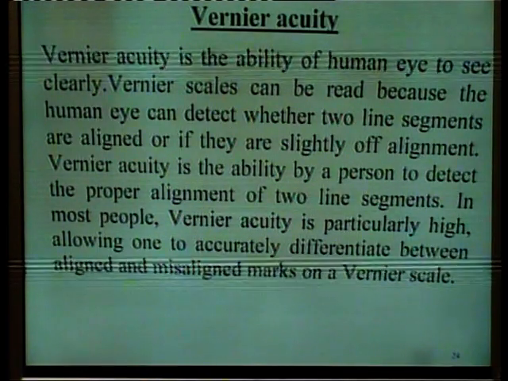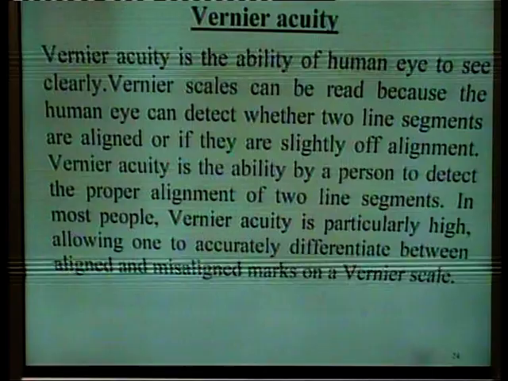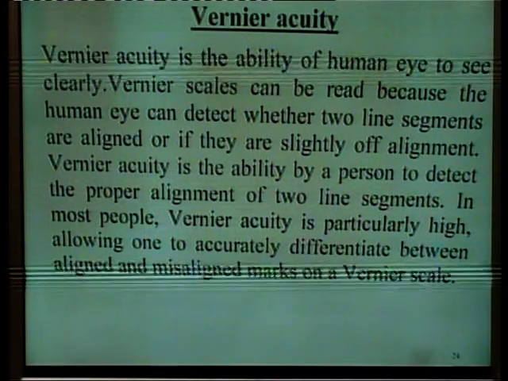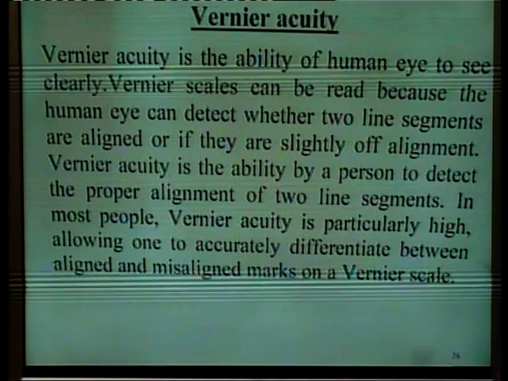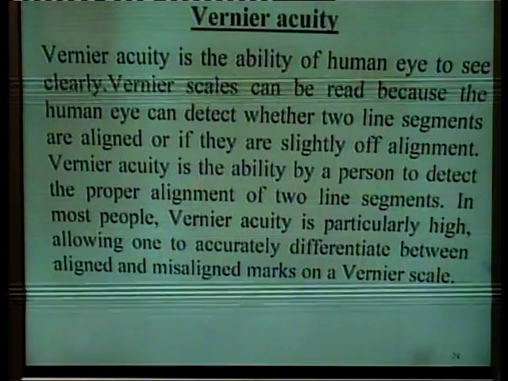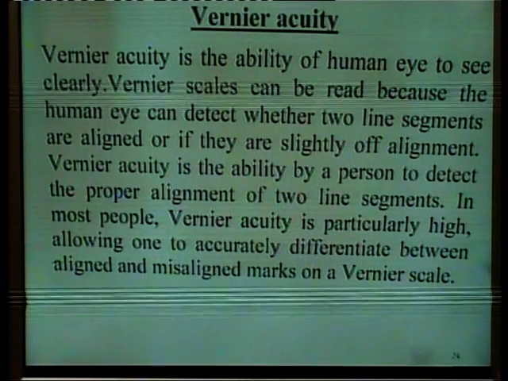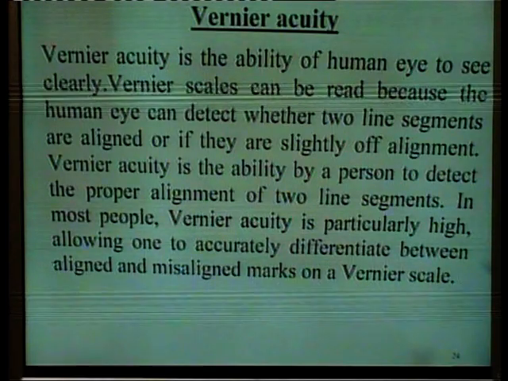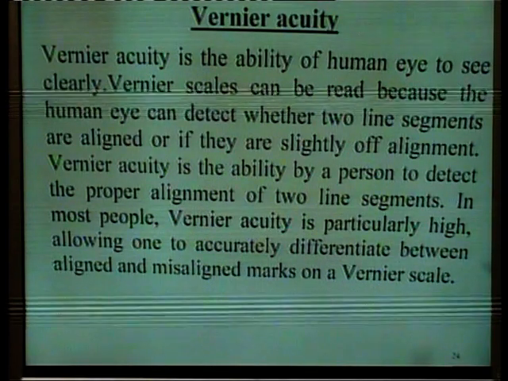Vernier accuracy is the ability of a person to detect the proper alignment of two line segments. In most people, Vernier accuracy is particularly high, allowing one to accurately differentiate between aligned and misaligned marks on a Vernier scale.